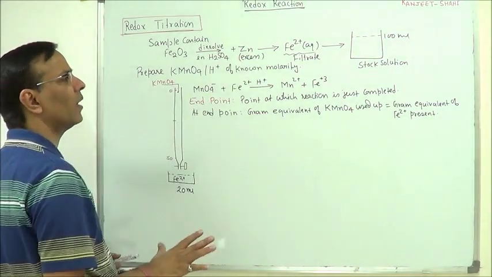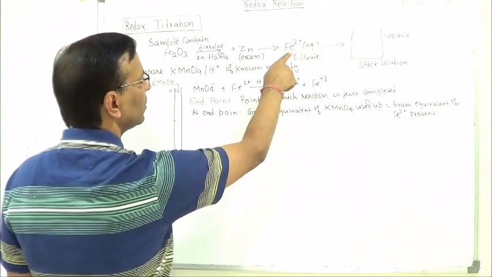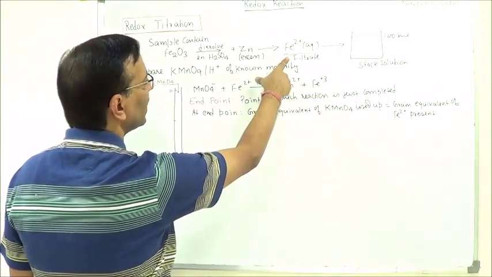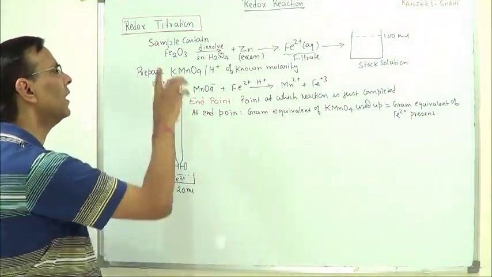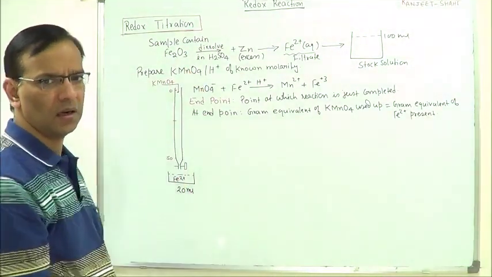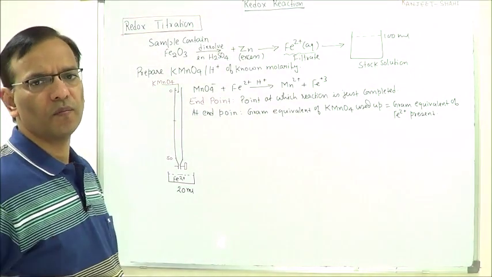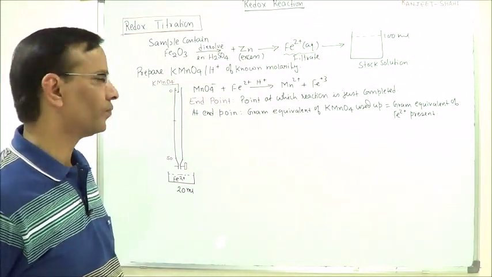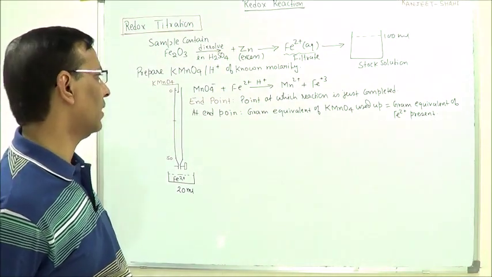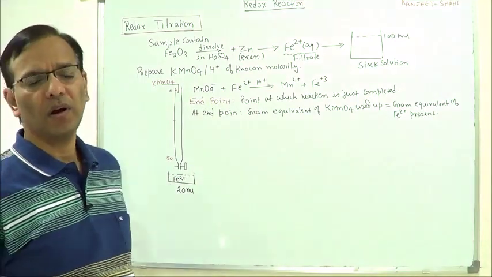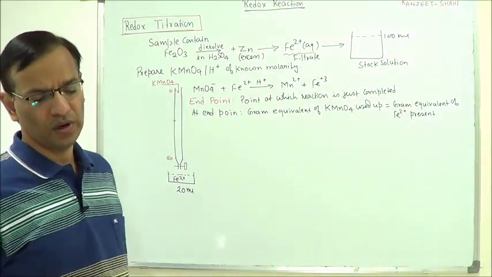That will give the total gram equivalent of ferrous ion. And then from the gram equivalent of ferrous ion, we can determine the moles of ferric oxide and therefore mass, and do the calculation for the mass percentage of ferric oxide in this sample. So that is how redox titration works. At end point, gram equivalent of oxidizing agent will be equal to gram equivalent of reducing agent.